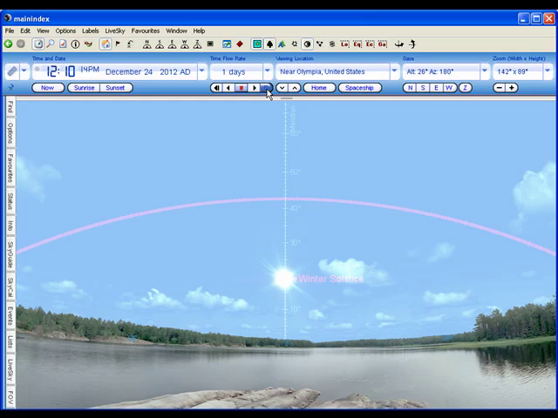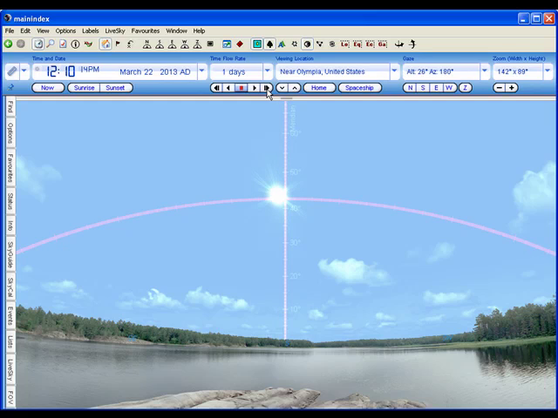And as I do this, notice that the noonday sun gets higher in the sky. Until on March 22nd, this would be the vernal equinox.